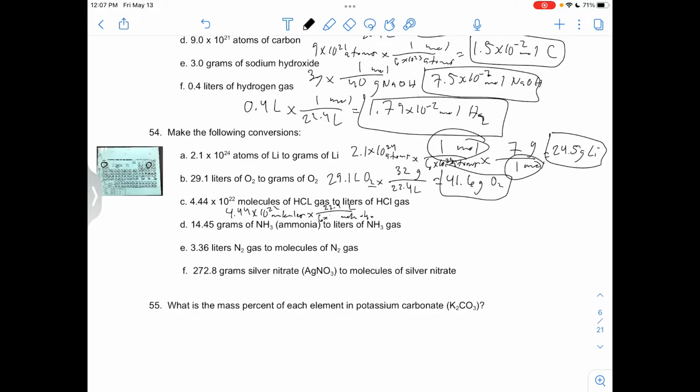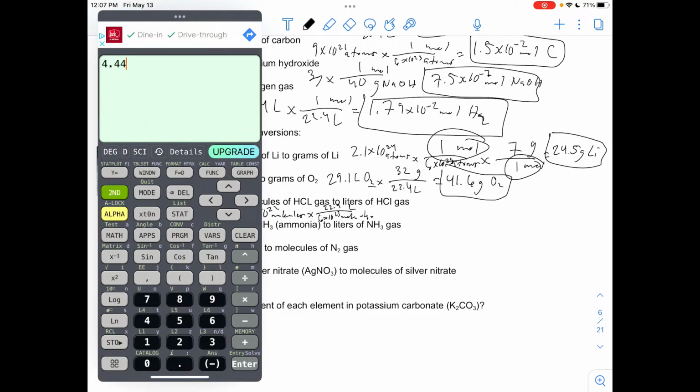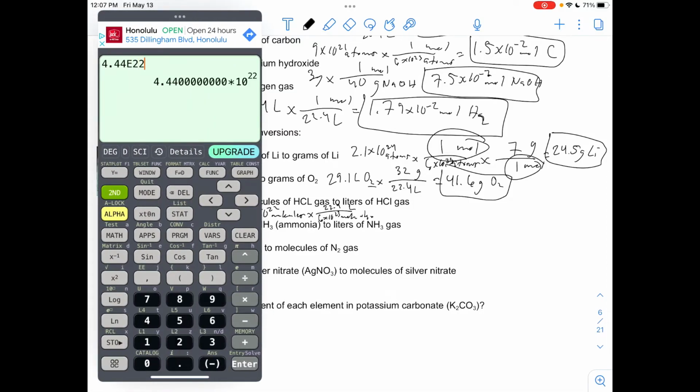Liters goes on top, 22.4, and 6 times 10 to the 23rd. So 4.44e22 divided by 6e23 times 22.4 equals 1.66 liters of HCl gas.